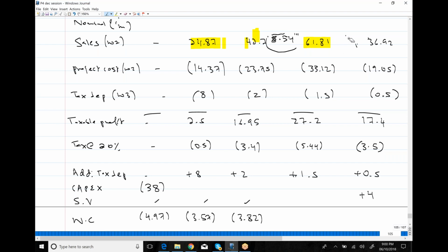Now just look at one thing. Can you see your revenue for T4 is decreasing, right? My revenue for T4 is decreasing. So it means your working capital will get recovered from T3 onwards. Because my revenue is decreasing, right? So now will you make any further investment in working capital?